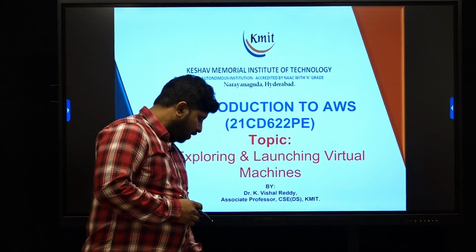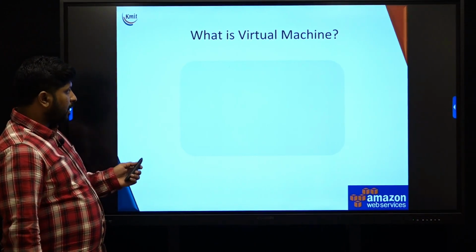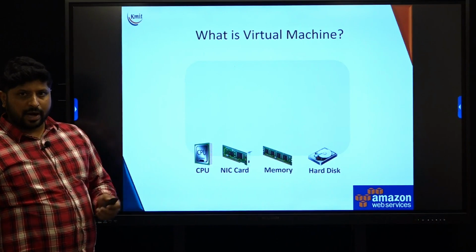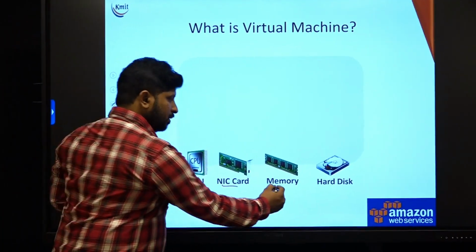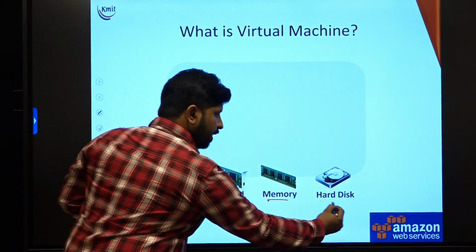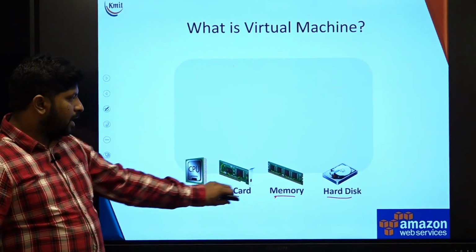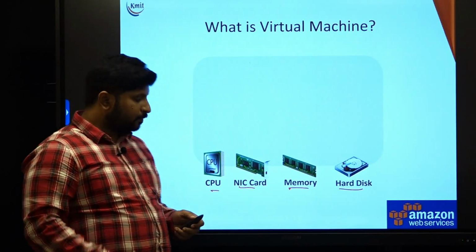So to begin with, what is a virtual machine? Basically, in our computer, we do have physical hardware where CPU, network interfaces, memory and hard disk store the data. All these are the physical components which will be intact in our computers.